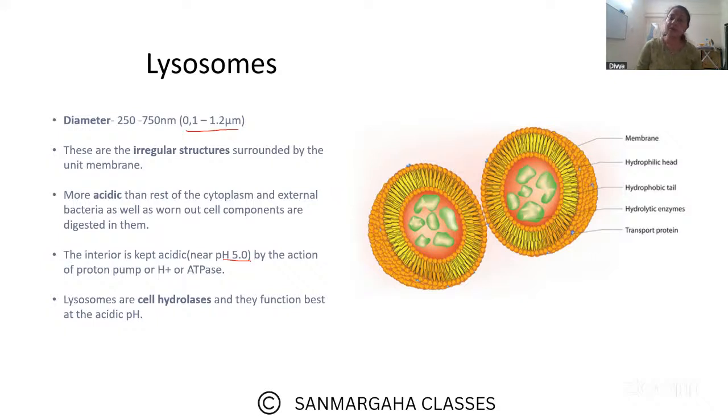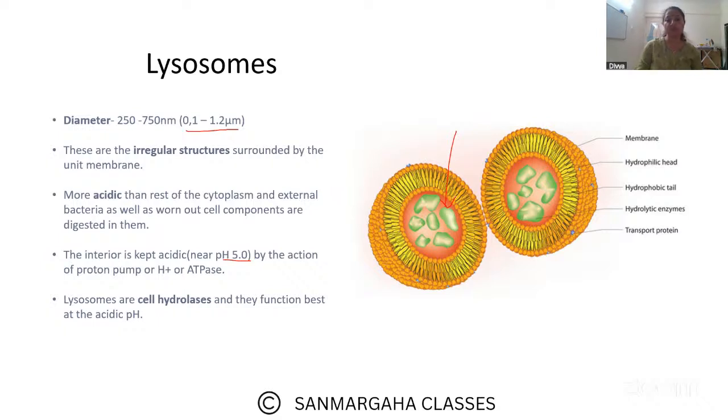When an external object enters the lysosome, it engulfs or digests the external component that has entered, a foreign object like bacteria. As well as the worn out cells present inside our body, those are also engulfed by the lysosomes.